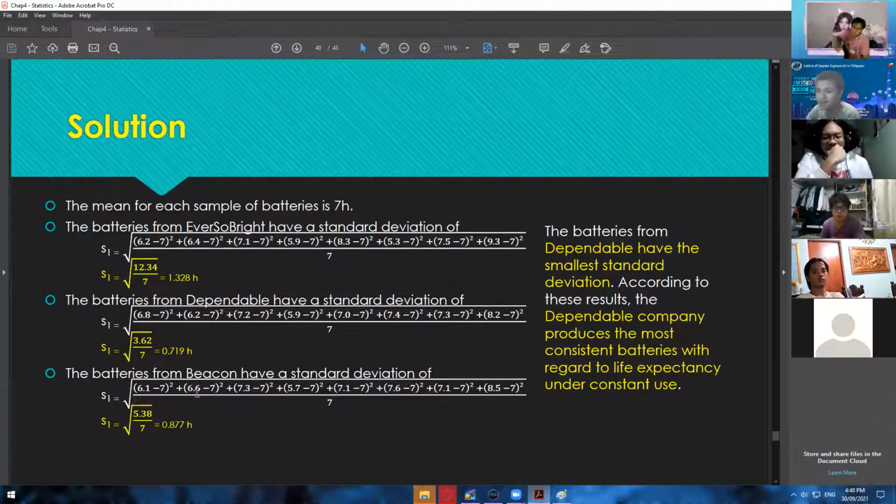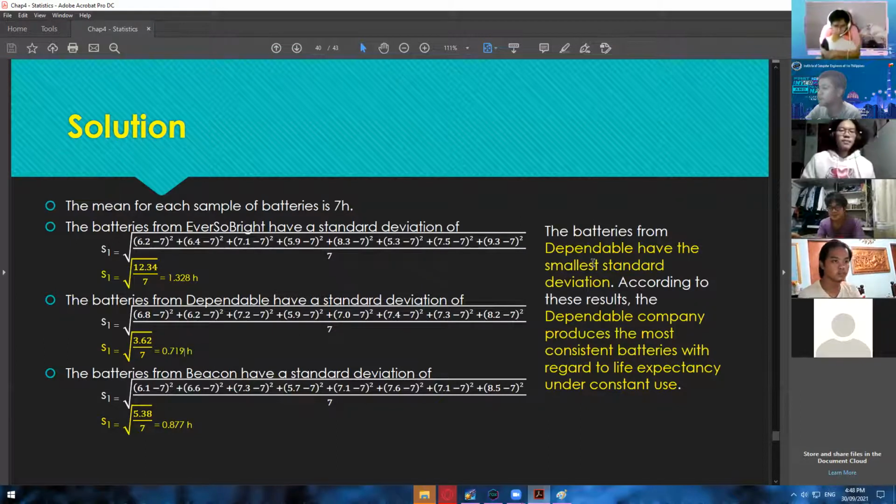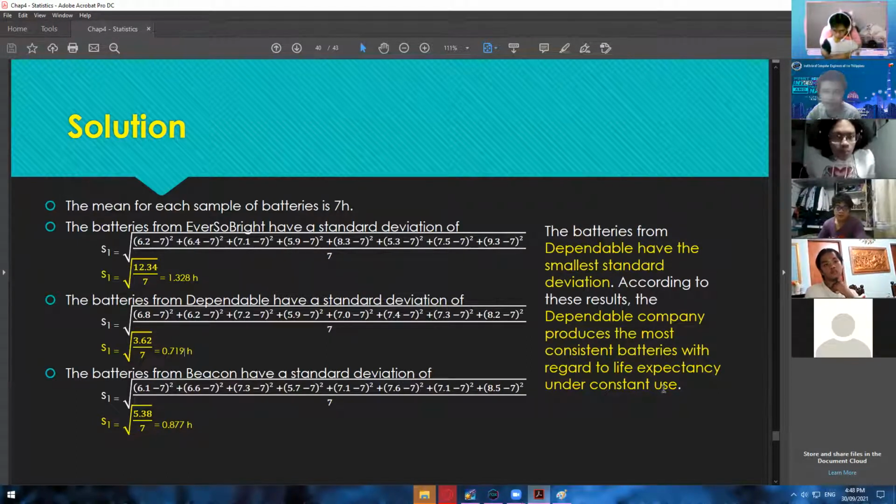As usual, the smaller value, the better. So all you need to do is compare those three companies and find the lowest standard deviation. In here, Dependable has the smallest standard deviation. So according to these results, the Dependable company produces the most consistent batteries with regard to life expectancy under constant use.